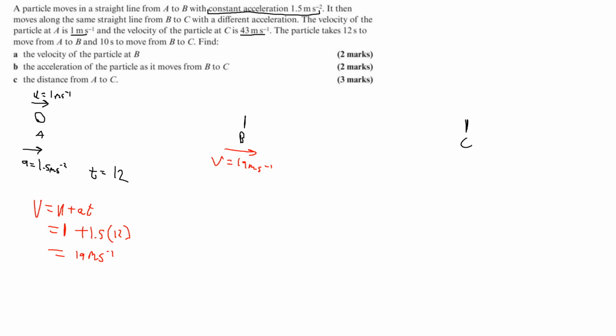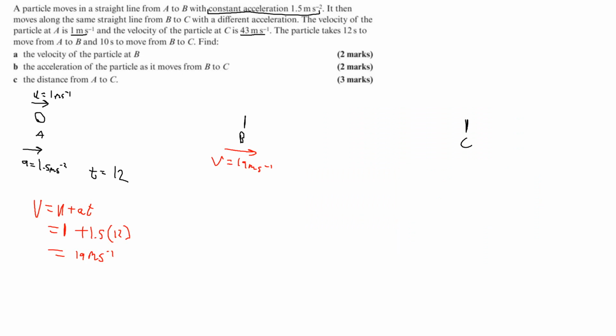Now, how are we going to work out the acceleration as it moves from B to C? Well, one thing you need to notice, guys, is final velocity before equals initial velocity after, okay?